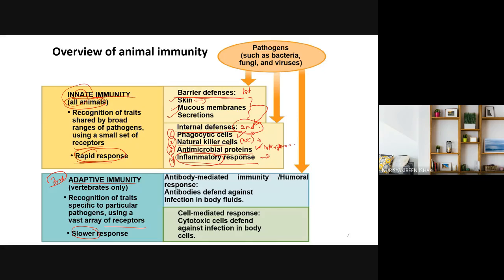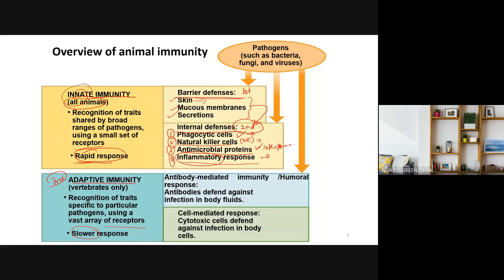Okay. But once the response is activated, for the next infection by the same pathogen, the response will be faster. Like that. If you get a virus for the first time, you will get sick. You will get sick first, you will have a fever, then recover, whatever. But the reason there is that response is that your body is building up immunity.